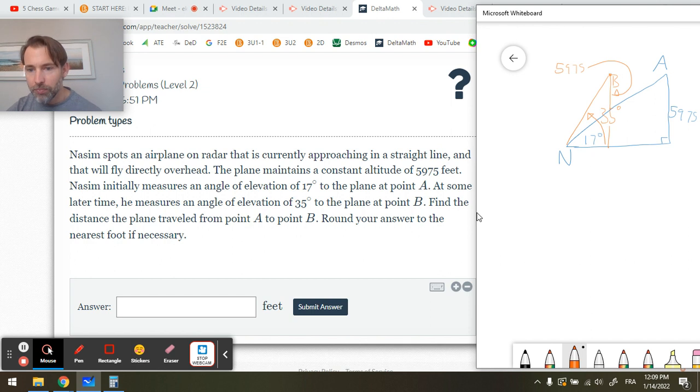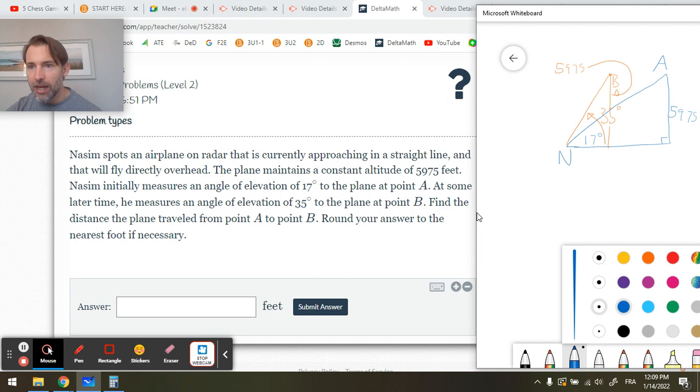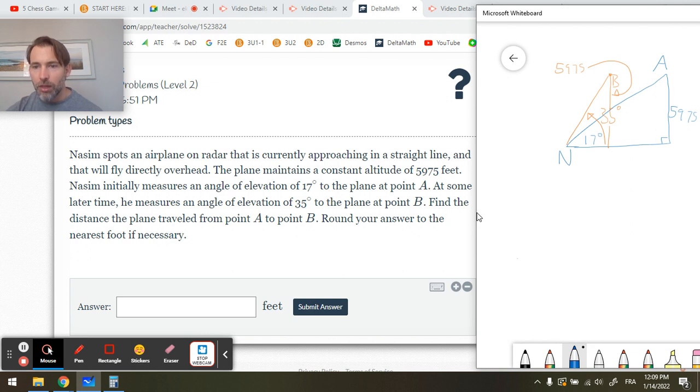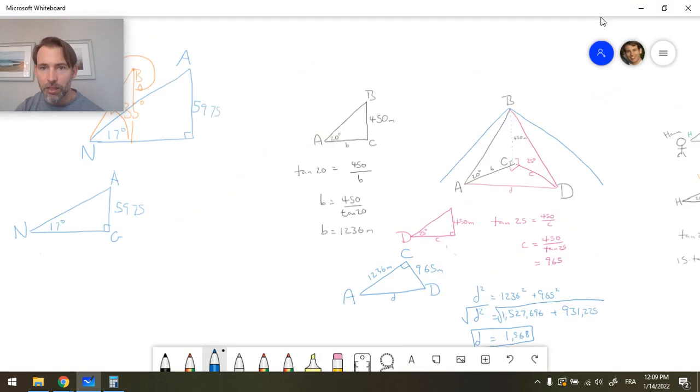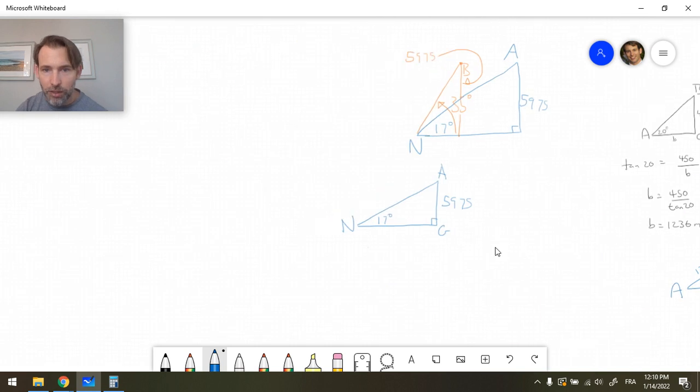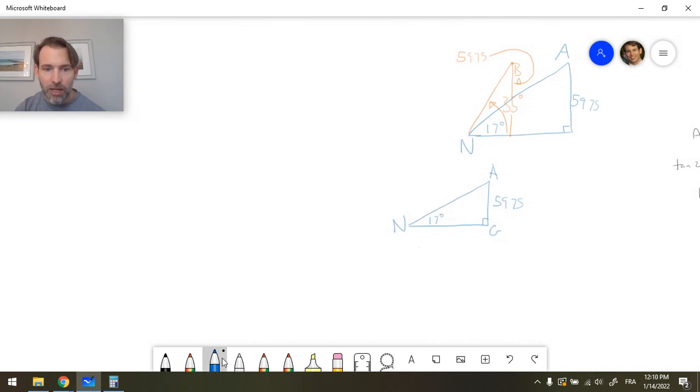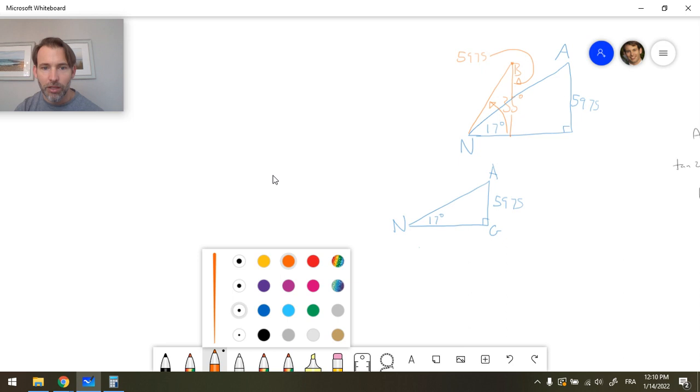Draw two triangles. Here is triangle NA, and this one doesn't matter. All right. Okay. So here is triangle NA ground. And then this is ground here. This is 5,975. And this is 17 degrees. And then my next triangle, I'm just going to make this big here. Move this over. My next triangle will be NB, using a different color.